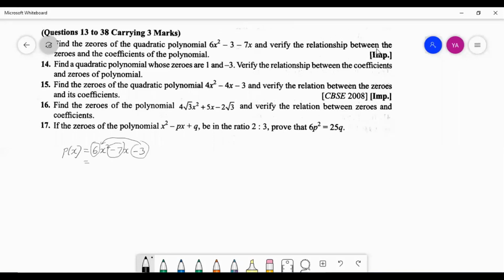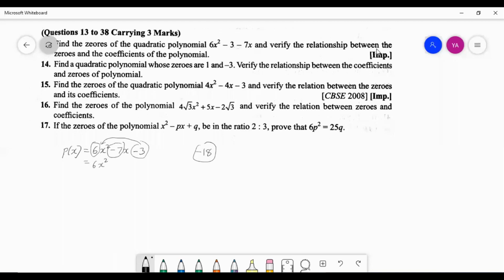Minus 3 into 6 means minus 18. Two numbers whose product is minus 18 and sum is minus 7. So which two are the numbers? Minus 9 and 2.